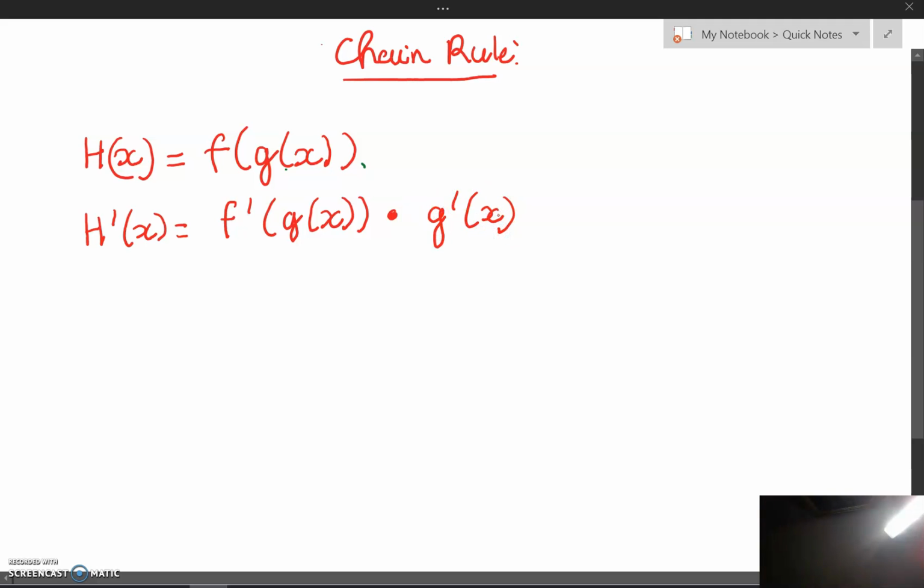So that means in order to take the derivative of h of x, you're going to take the derivative of the whole thing right here and multiply by the derivative of inside the parenthesis.